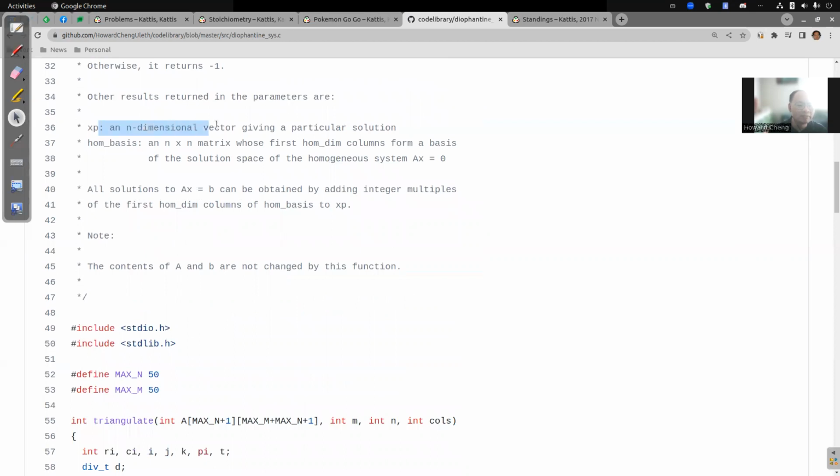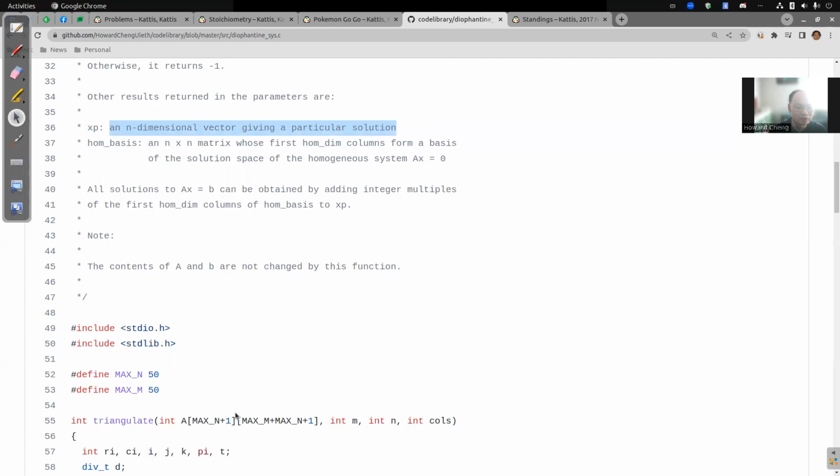xt is the n-dimensional vector giving a particular solution. And then the basis is the n by n matrix whose first columns, whatever the dimension, form a basis of the solution space. We know that we only have one column to look at. But basically, with a homogeneous system, you'll probably get the 0 vector as the particular solution.